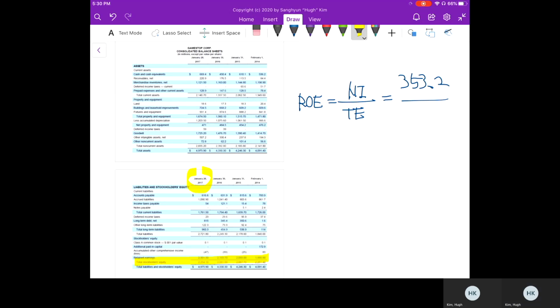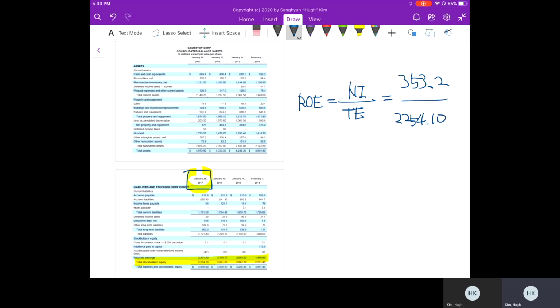Okay, so this is, let me see, 2254.10. Okay, so we use the number on January 28, 2017.